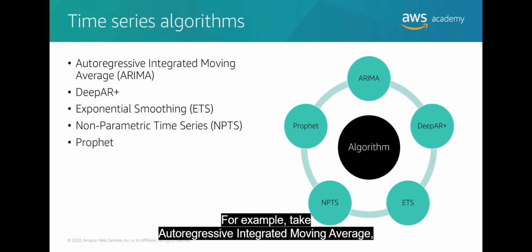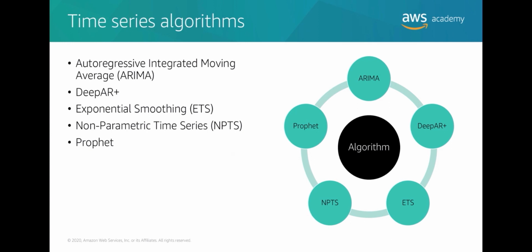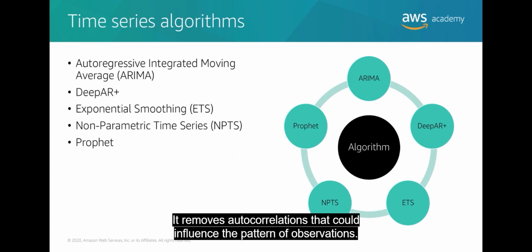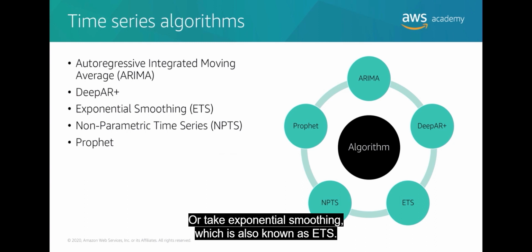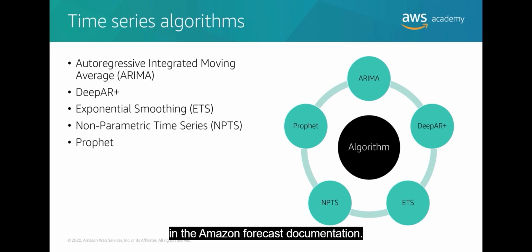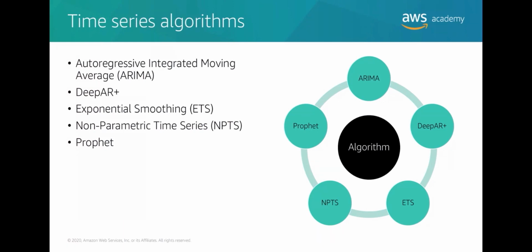For example, take autoregressive integrated moving average, which is also known as ARIMA. It removes autocorrelations that could influence the pattern of observations. Or take exponential smoothing, which is also known as ETS. This algorithm is useful for datasets with seasonality. You can find out more about these algorithms in the Amazon Forecast documentation.